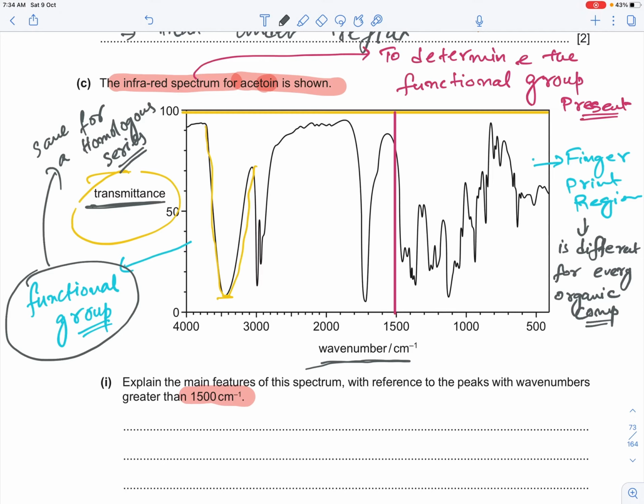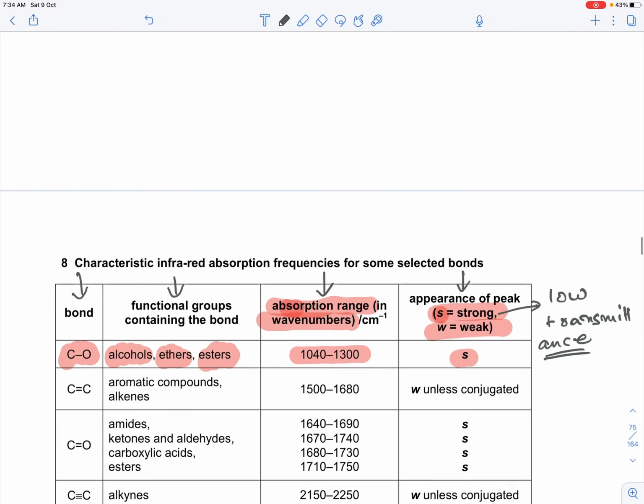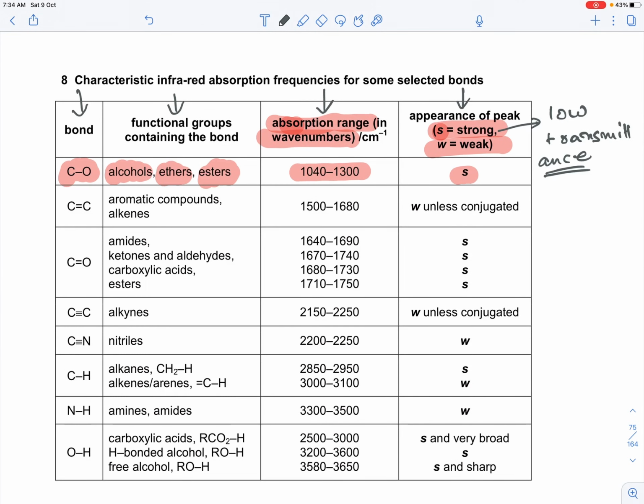So normally we just talk about the functional group region, and this is why you can see in this question, with reference to the peaks with wave numbers greater than 1500. So they're only talking about the peaks or the absorptions above 1500, not below 1500, because these are very difficult to identify. And if you look at the absorption range of the CO bond, it lies in the fingerprint region, right?